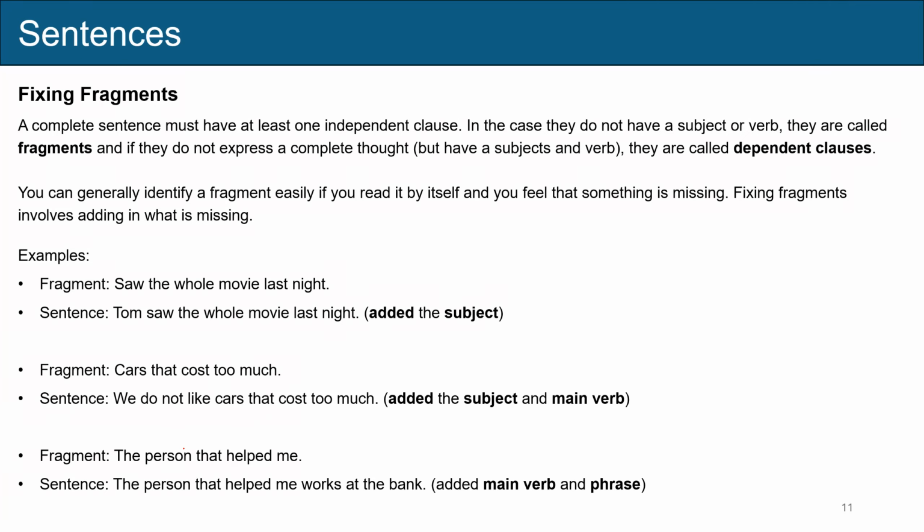The person that helped me. Again, not a complete thought. The person that helped me works at the bank. Great, that fixes it. And how you fix it depends on what you're talking about. So you are the only one that can fill in that missing information to make sure that the reader understands.